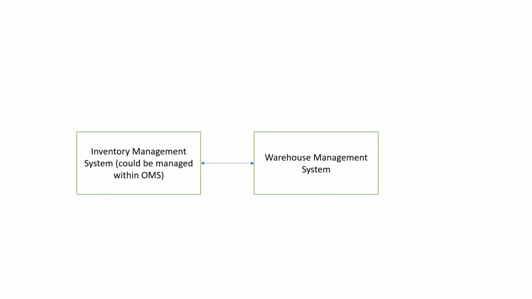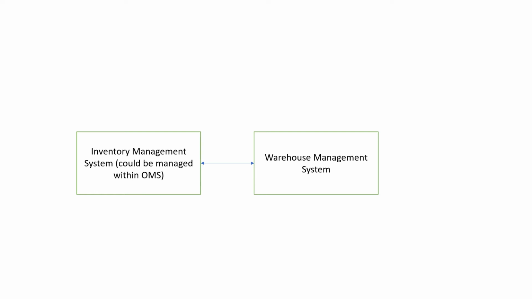So let's discuss, if IBM Sterling is used as the inventory management system, then how the inventory in the inventory management system will be maintained in sync with the inventory in the warehouse management system.